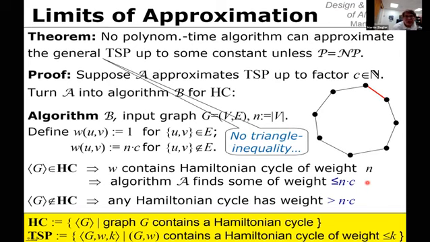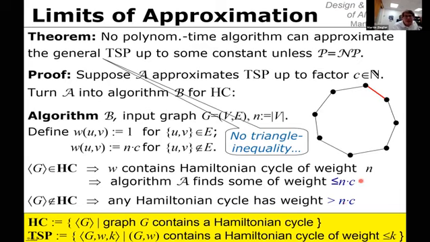But the original graph does not have Hamiltonian cycles, so that means that any traveling salesperson tour will have to use at least one of the additional edges we have introduced in the algorithm B, and the algorithm B has made these edges very expensive, so that any traveling salesperson tour in this case will need to use at least one of the expensive edges, and therefore incur total weight greater than n times c, because of course it must use also other edges.